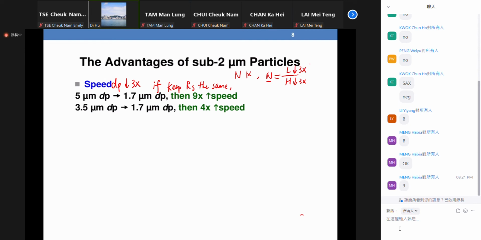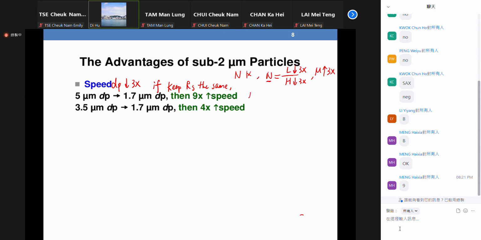If column length decreased 3 times, how about mu, the velocity? This one equals, still remember, 3 dm over dp. If dp decreased by 3 times, this one increased by 3 times.